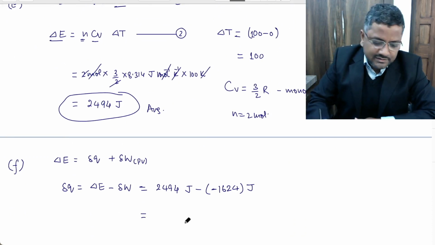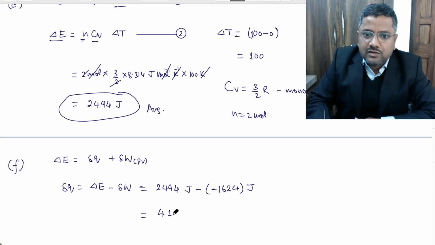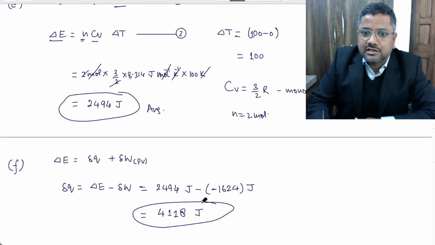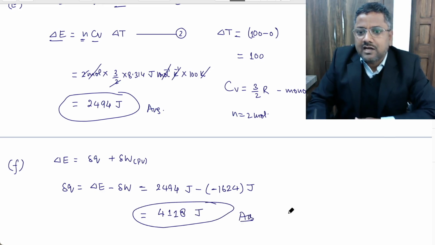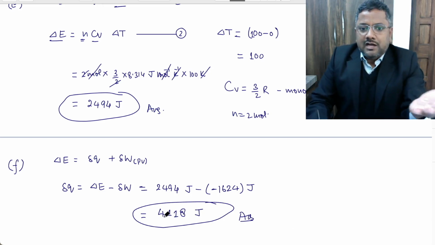If you add this, you will get 4118 joules. So this is the answer. See, amount of heat added, and this value is positive, right?